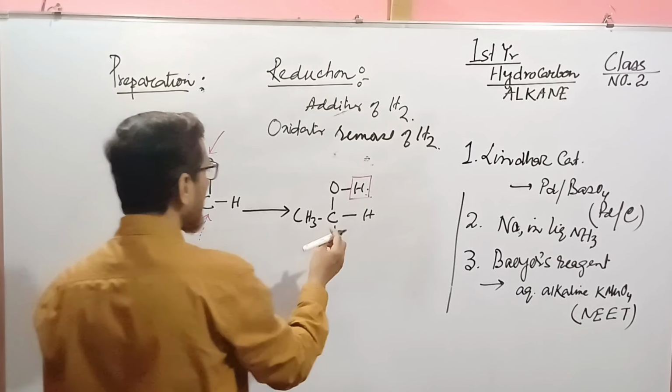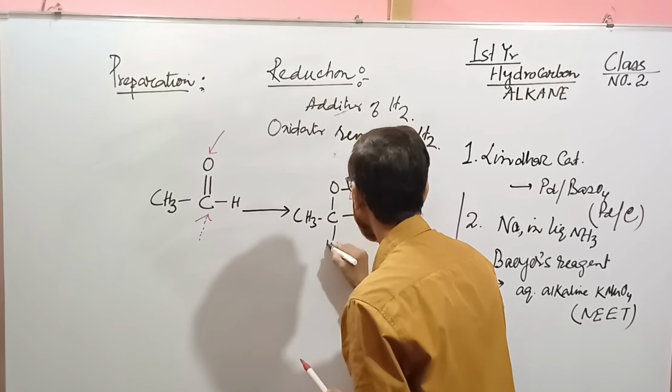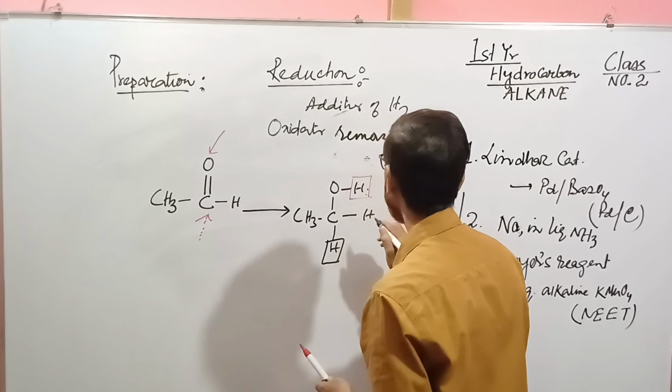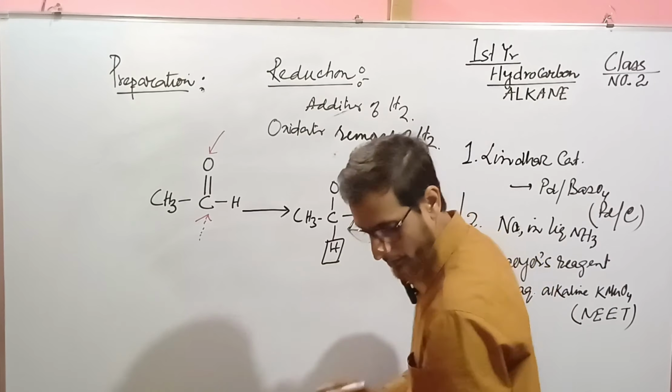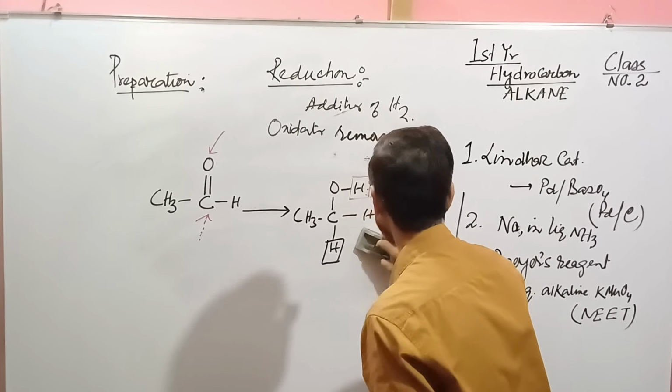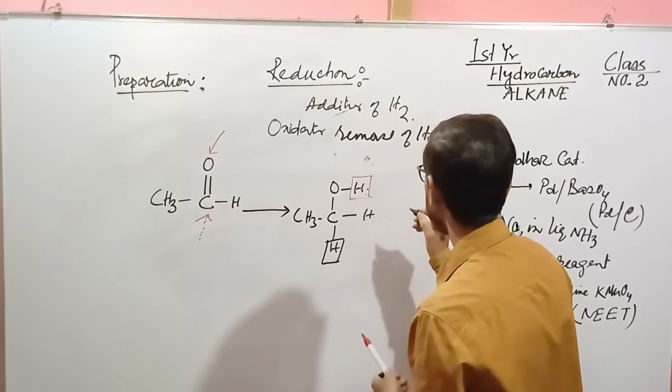Now we have added 2 hydrogen, 1 hydrogen here and the other hydrogen here, and 2 hydrogen are left. So now how will I add the other 2 hydrogen?